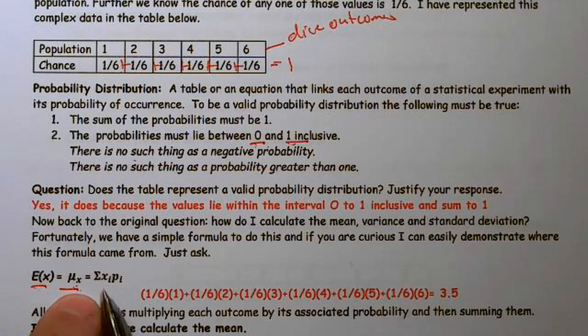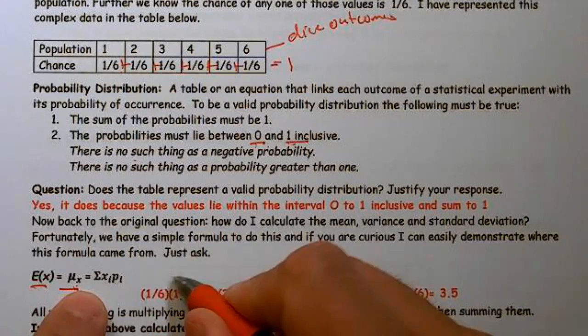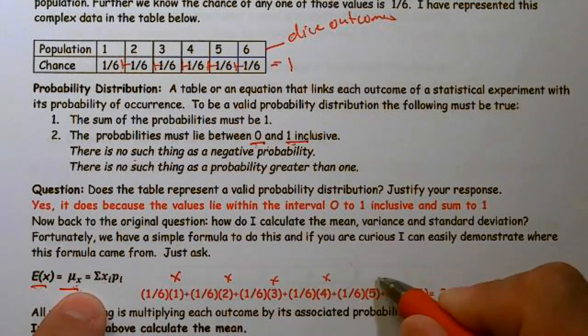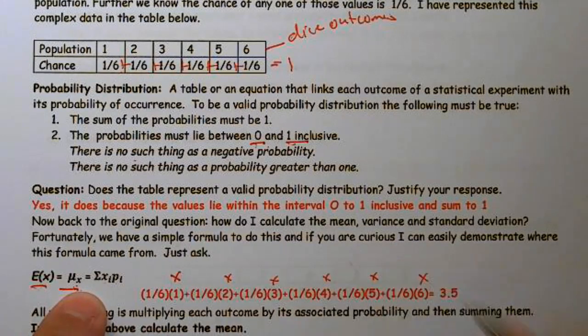Now, this is the formula for calculating the mean of a discrete probability distribution. So here's your formula, and you're going to need to be able to write that down. It is on the formula chart. We have our individual x's and the probability of them occurring. So this represents an x, this represents an x, and so on, six of them.